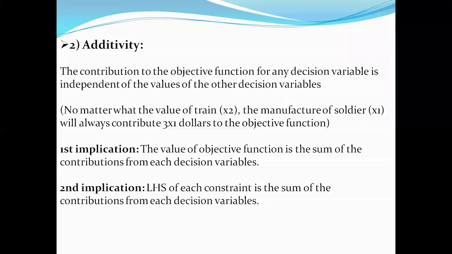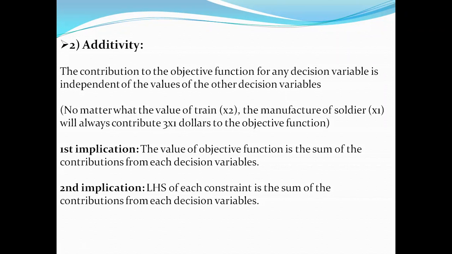So it is not depending upon the decision variables, and the results may vary from the previous value obtained if we calculate further, right? Here there is an example of how it will vary. So additivity also has two different implications.